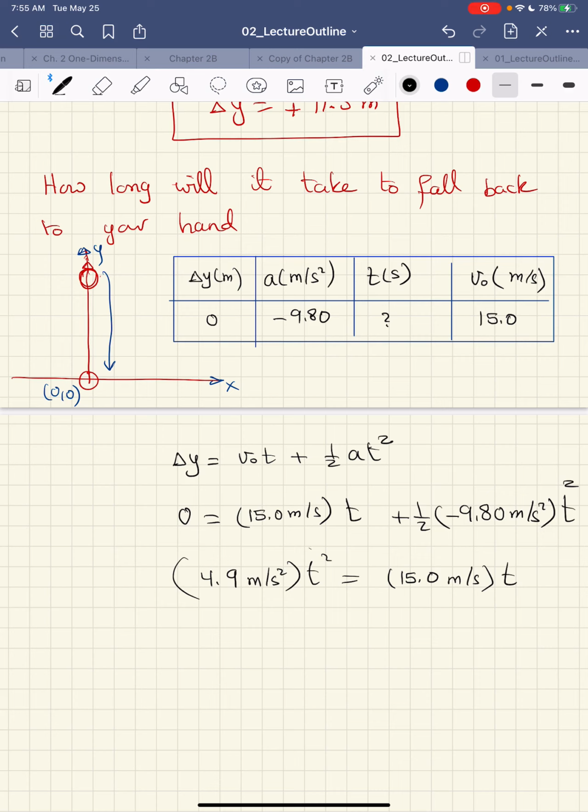You can drop one of the t's here, then your t is going to be 15 divided by 4.9. Sometimes you have to use the quadratic formula for some of these solutions. Then this is the total time. There are other techniques that you can use. You can find the time to reach the maximum and then multiply by 2, because this is the situation where we don't have a resistance.